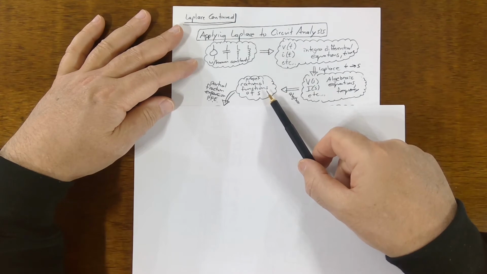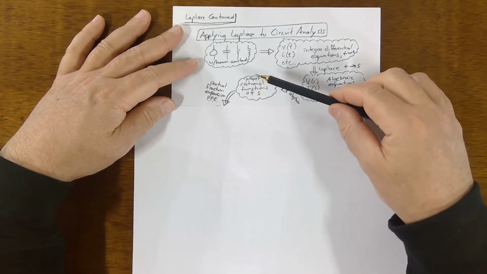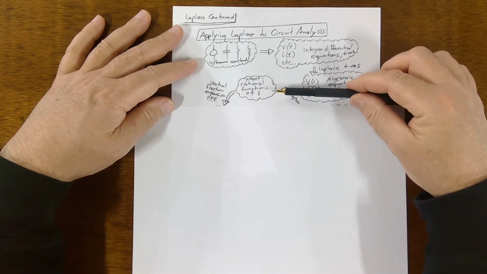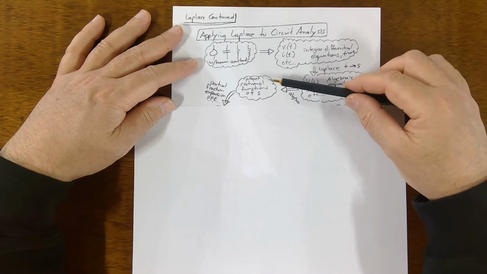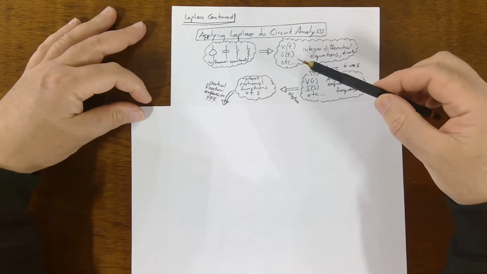So a rational function is a function that's expressed as a fraction, a ratio, has a numerator and a denominator. And the numerator and denominator are polynomials of descending exponential order.